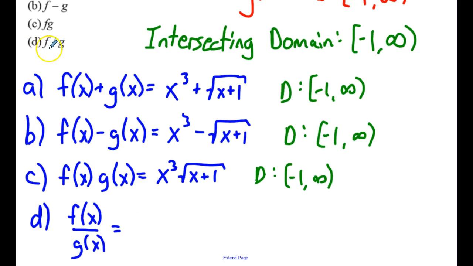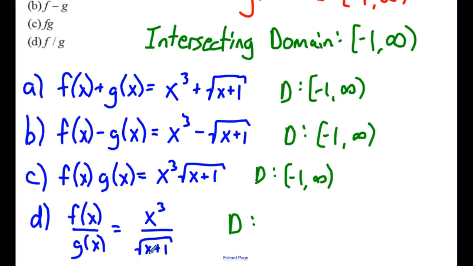Now part D, we have the quotient. We're taking f of x divided by g of x, x cubed divided by the square root of x plus 1. Our domain for this part is going to be a little different because now we have a fraction. We have to be concerned with what value makes the denominator 0.